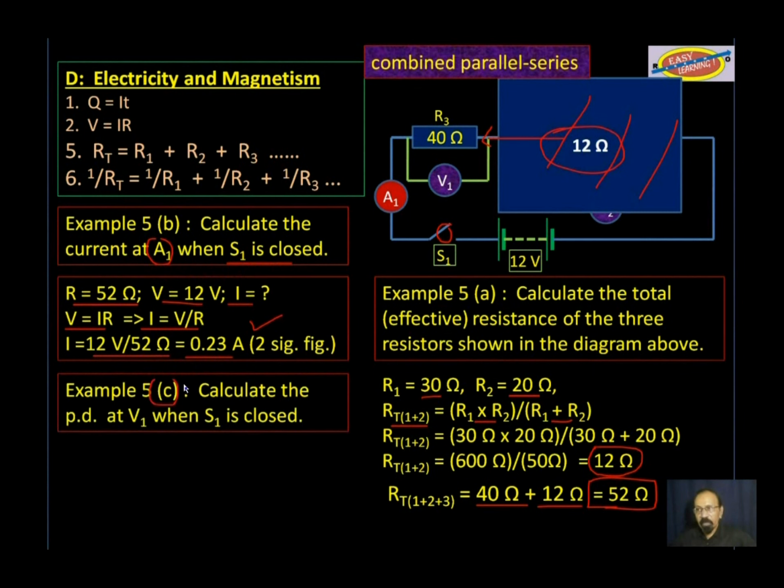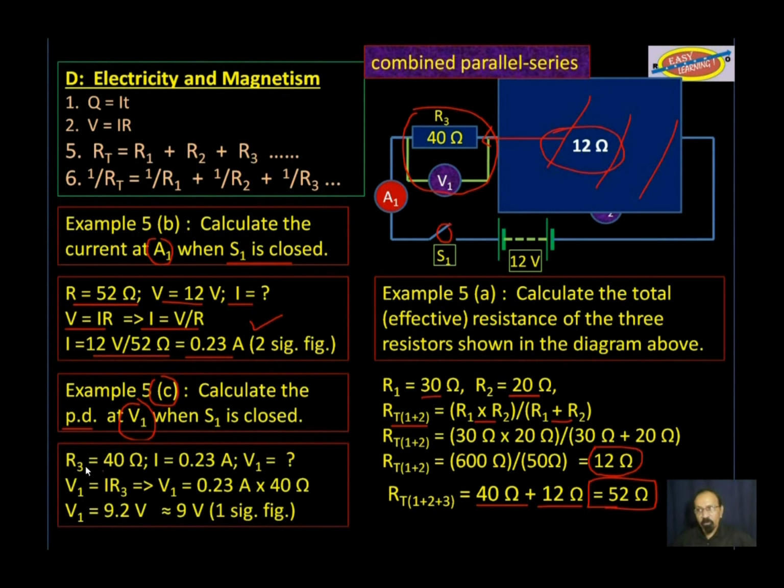Part C of this same question is calculate the potential difference at V1 when the switch is closed. That is the potential difference across this resistor. So what do we know about this resistor? Well, we know that its resistance is 40 ohms. We know the current that flows through here, the main current, is 0.23 amp, which we just calculated up here, and we want to find V1.